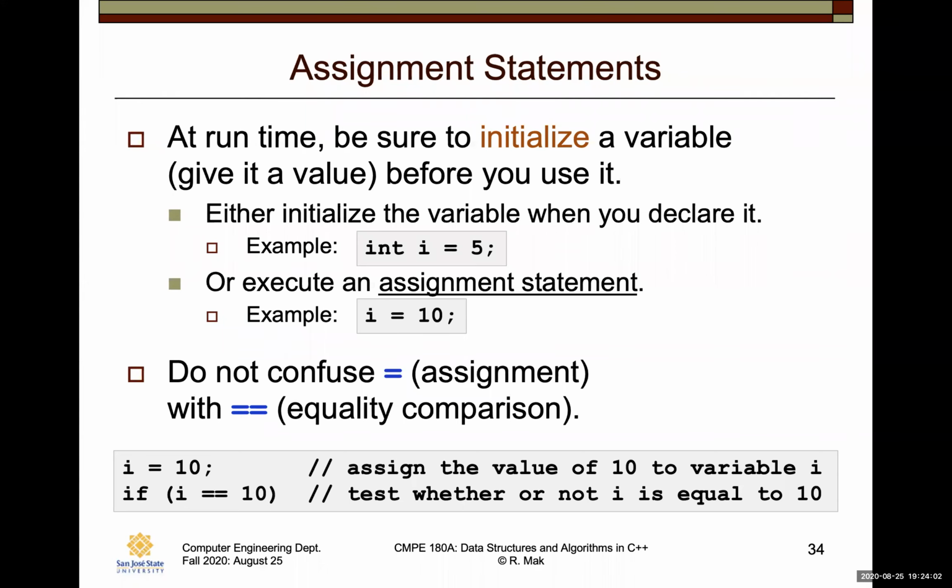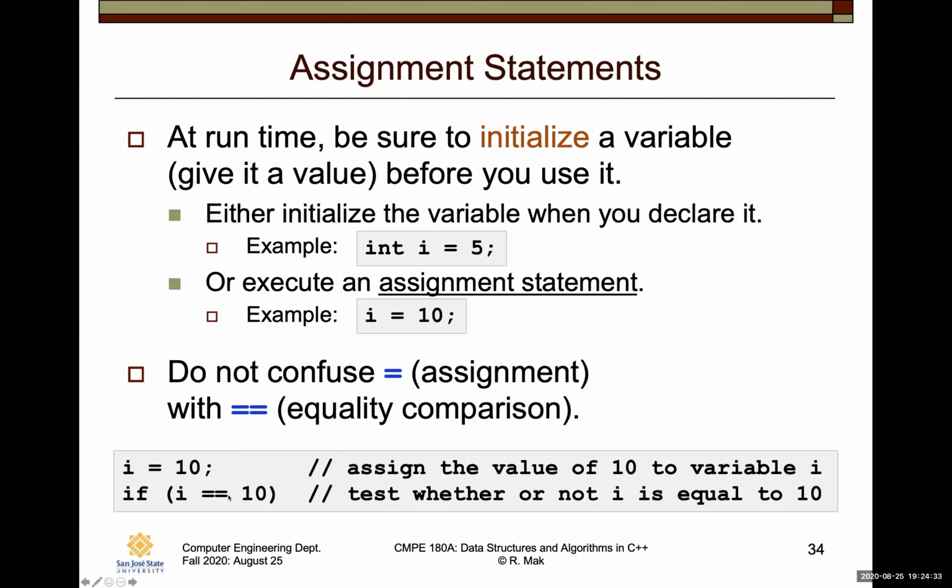So a very, very common programming error is, inside an if statement, you meant to say i equals equals 10, and you said i equals 10 by mistake. And it turns out that that will work. It is syntactically correct, but of course your program is not going to work the way you expect it to work, and it may be very hard for you to spot this error.